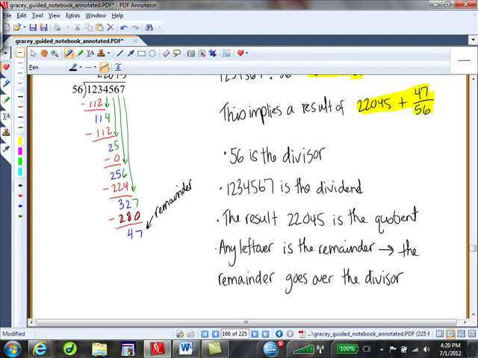And we wrote our end result as 47 over 56. Okay? That way we don't have to say 22,045 remainder 47. Okay? Okay, so here we go.